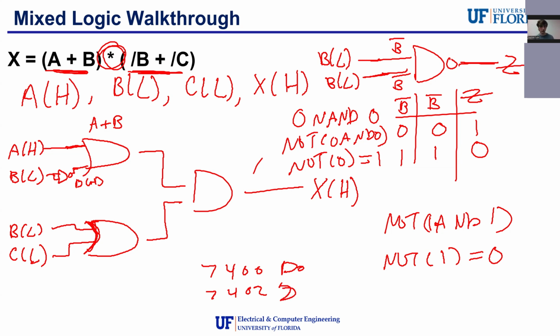Yes. Okay, I wrote a bad OR gate there. Yeah, NAND and NOR. So if these are OR chips, we have to use NOR. So we go like this, and we go like this.